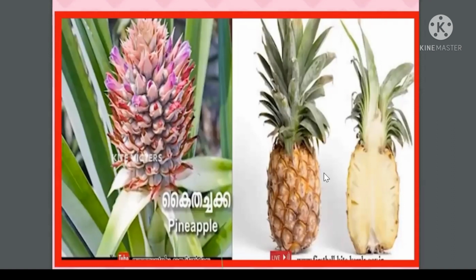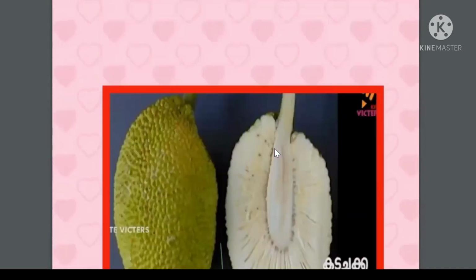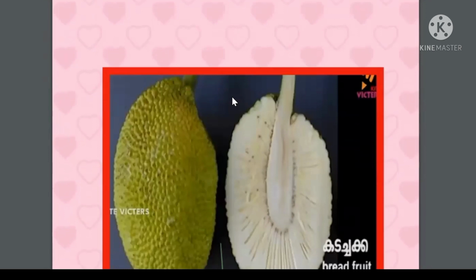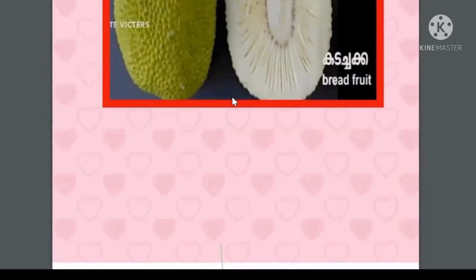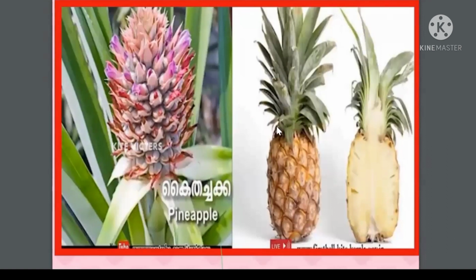And once again we can see these three pictures. First of all, our jackfruit. Second picture, breadfruit. And third one, pineapple.